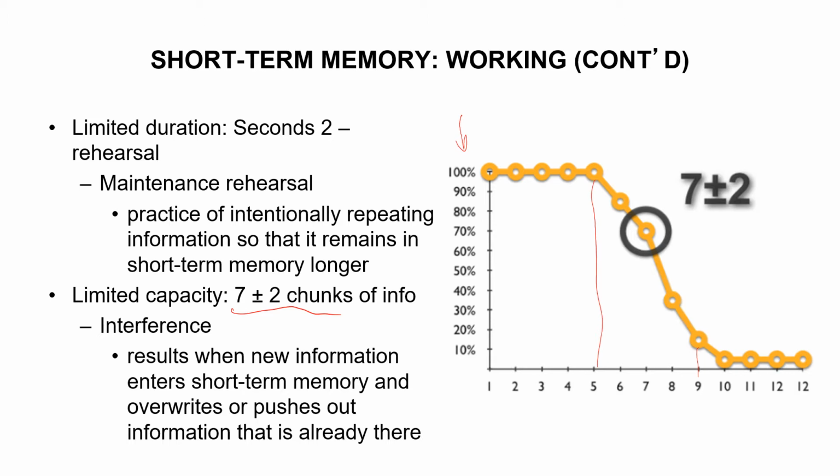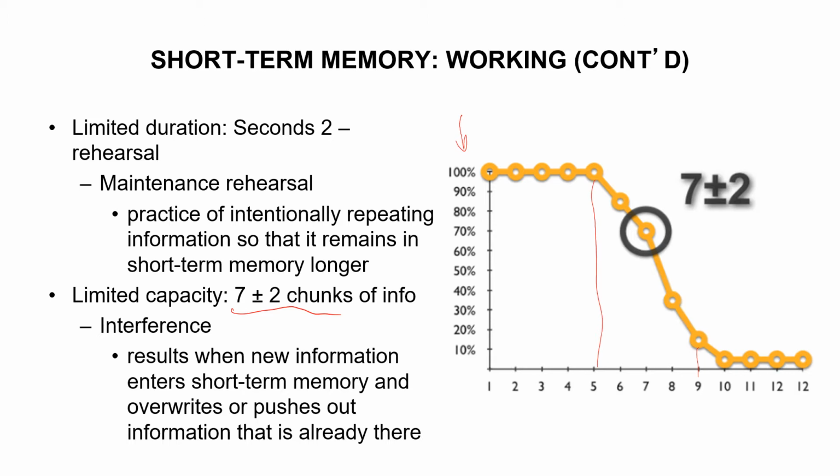So that's where that 7 plus or minus 2 comes in, where the majority of people, 70% of people, can do 7, 85% can do 6, 100% can do 5, all the way up to about 15 to 20% that can do 9. So this is essentially how many pieces of information you can remember.